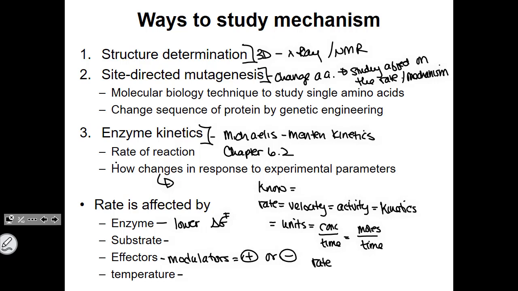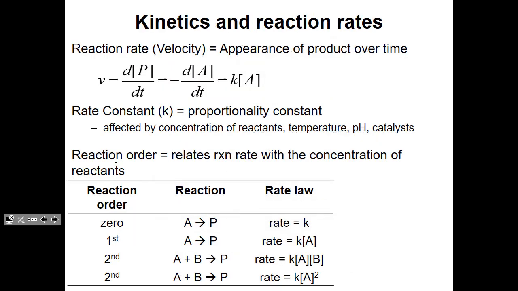And we can write a rate law to express the conversion of our substrate and relate it to our rate constant k. All right, and so let's talk a little bit more about this. This is just review from introductory chemistry. So the reaction rate or the velocity is equal to the appearance of product over time.